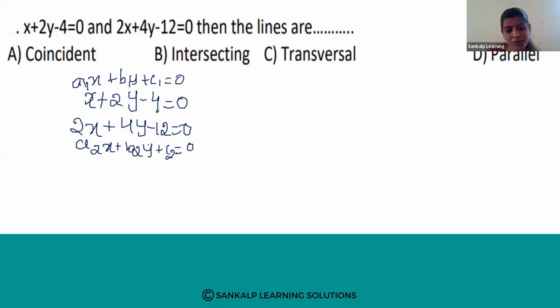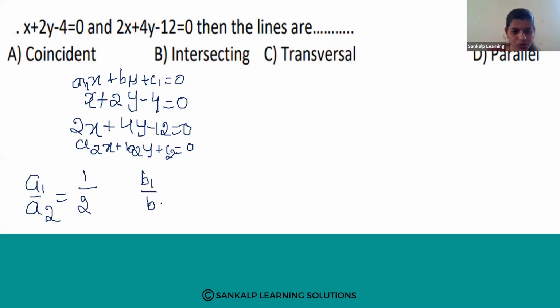So now what we need to do is compare the values of a1 and a2, compare the ratios. So a1 divided by a2, what will you get? The a1 value is 1. Nothing is there means 1. 1 divided by the a2 value, which is 2. That means 1 divided by 2.